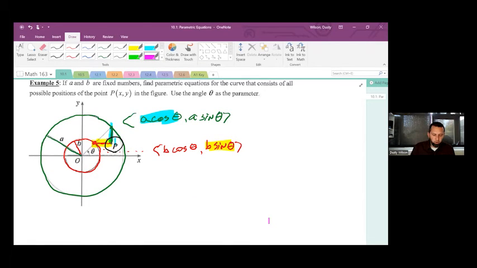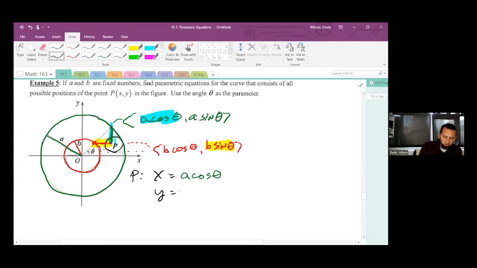All right, now that we have the vector expression for the point where P takes its x coordinate from the green curve, and also the point where P takes its y coordinate from the red curve, we can put these together to find a parametric equation for point P. So point P has x coordinate equal to the green x value, which would be a cosine theta, and it has y coordinate equal to the red y value, which would be b sine theta.